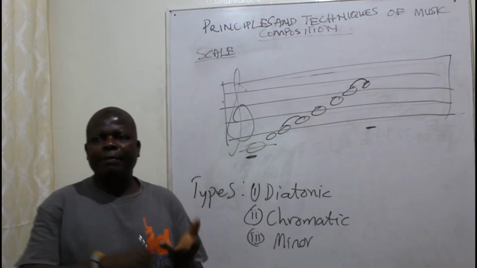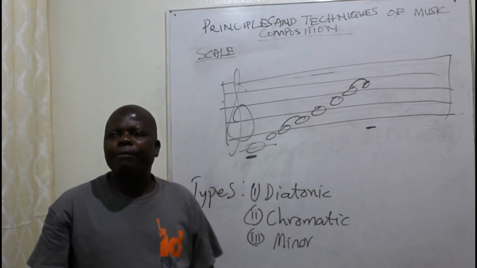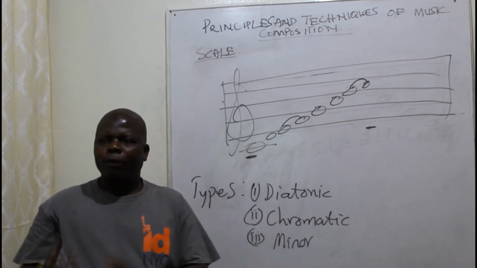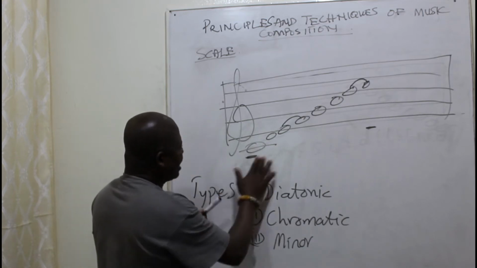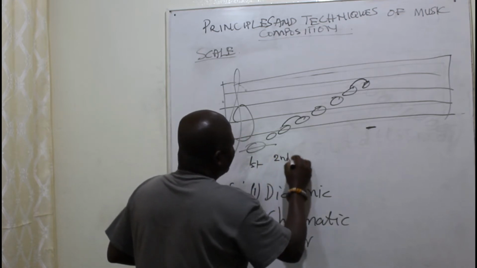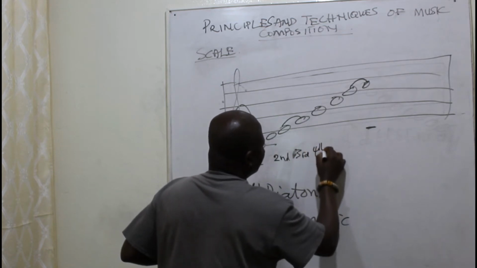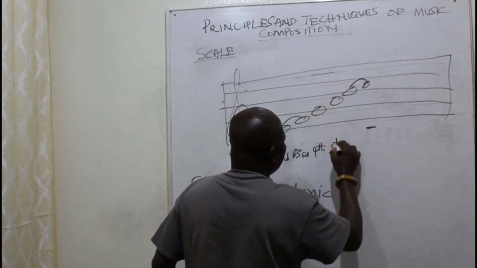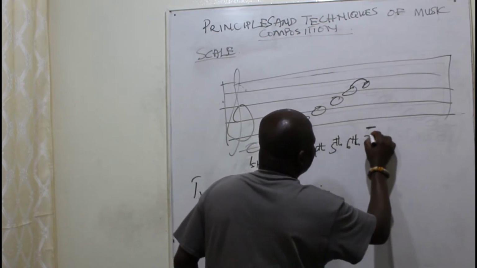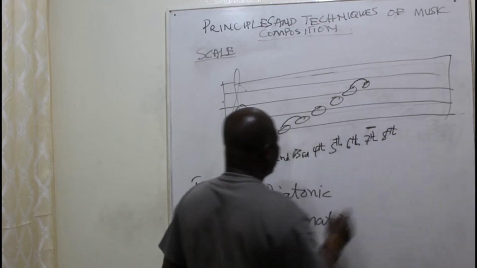These are the degrees: 1st, 2nd, 3rd, 4th, 5th, 6th, 7th, and the eighth one.